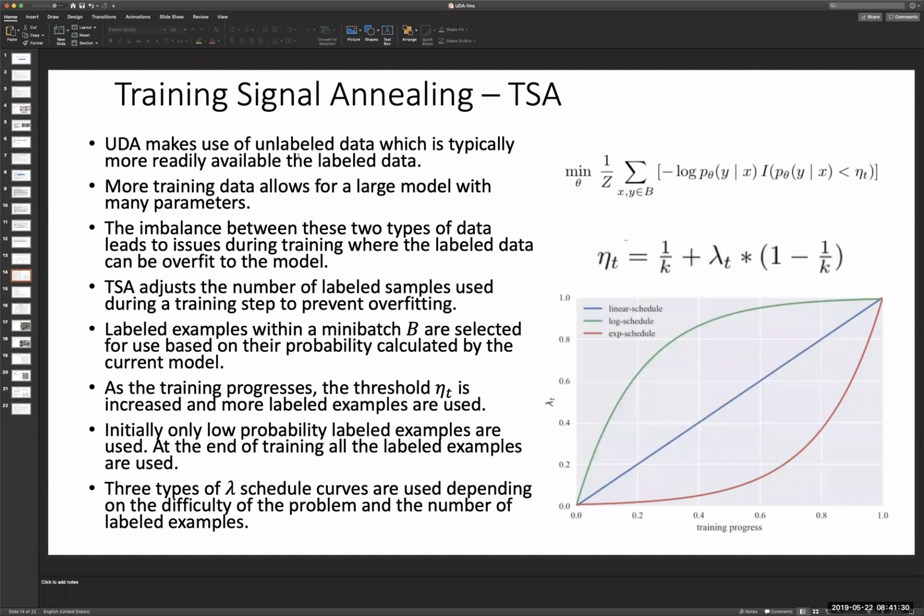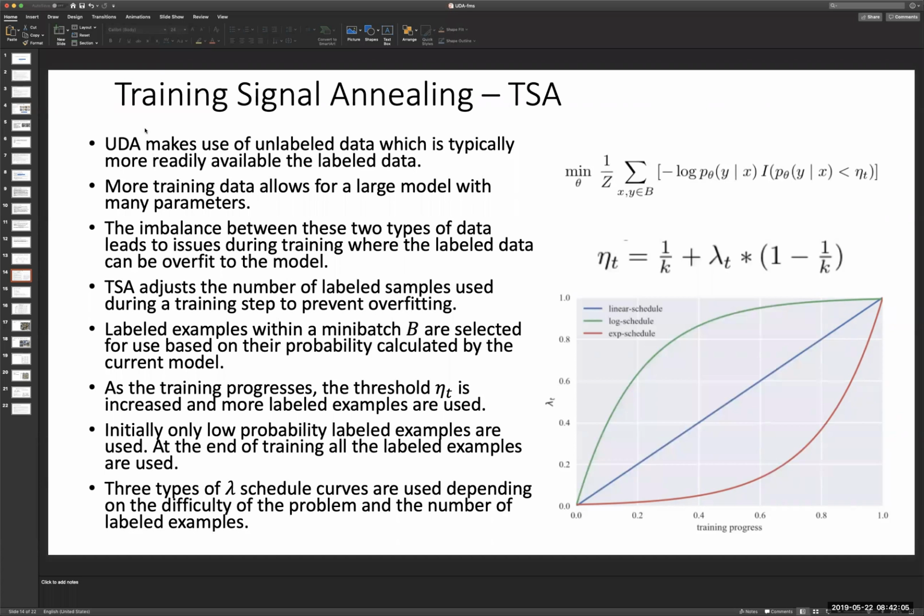So UDA makes use of unlabeled data, which is typically more readily available than the labeled data. So more training data allows for large models with many parameters. But the imbalance between these two types of data leads to issues during training where the labeled data can overfit the model. So TSA adjusts the number of labeled samples used during a training step to prevent this overfitting.